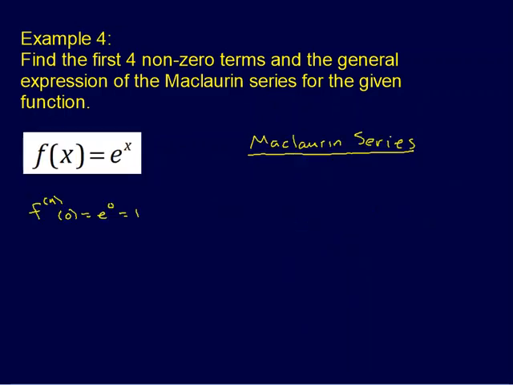So finally, let's spend a little time working with our function e to the x. This one should go quickly too, because every derivative of e to the x is e to the x, and every derivative evaluated at 0 is going to be 1. So the first 4 terms are pretty easy to write. In fact, I'll just go ahead and fill them in.